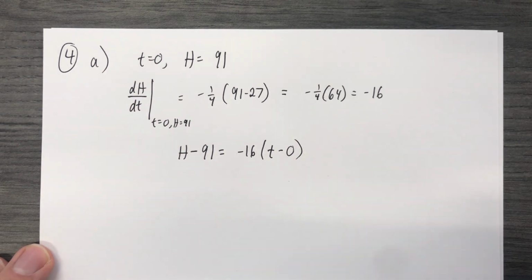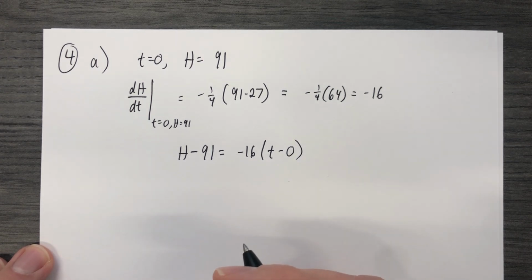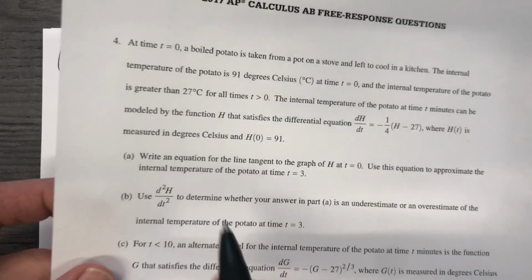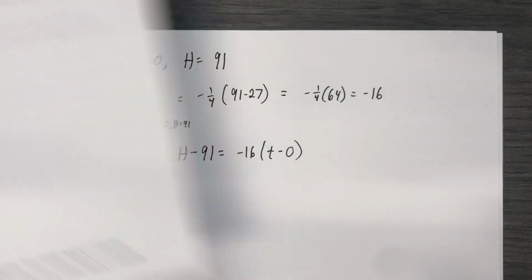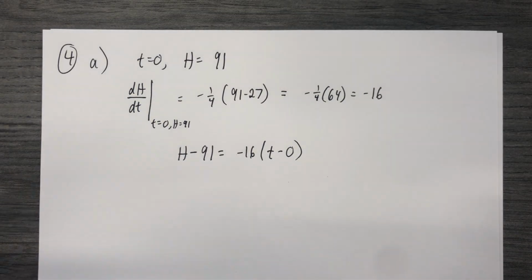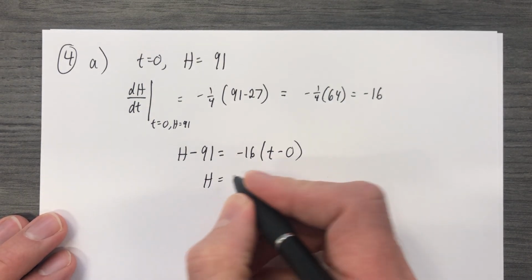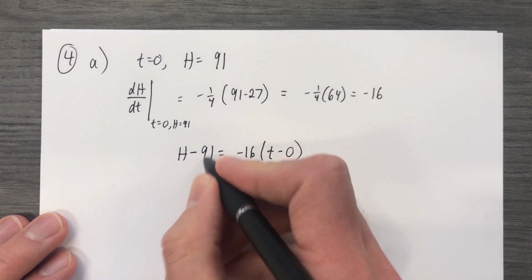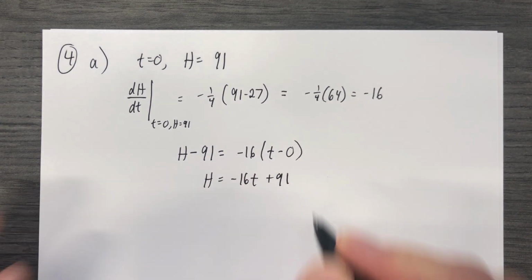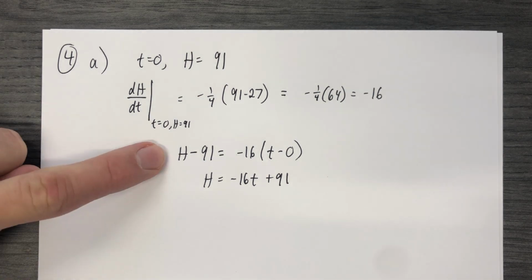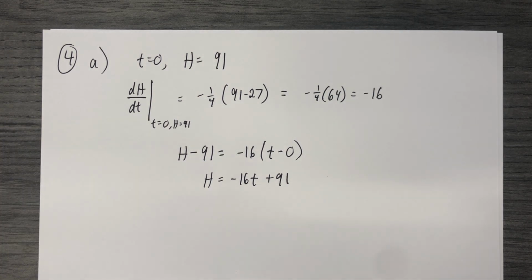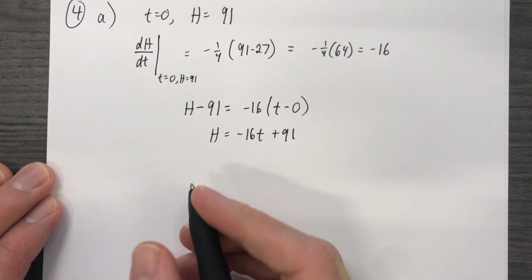All right, we can solve that because we also need to approximate the internal temperature of the potato at time t equals 3. Normally you could leave it like this, but we can solve this pretty easily. So h equals negative 16t plus 91. And that is our tangent line. This one is also a valid tangent line, but this one's going to be more practical for the next thing, when we have to approximate the internal temperature of the potato at t equals 3.